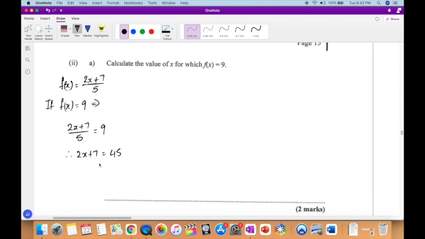Therefore, 2x is equal to 45 minus 7, which is 38. And x is equal to 38 divided by 2, which is 19.